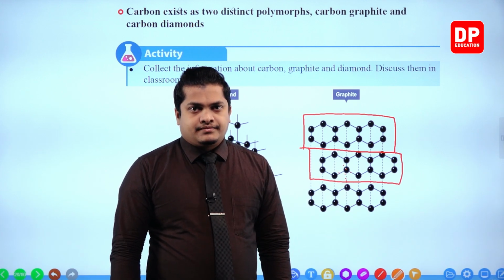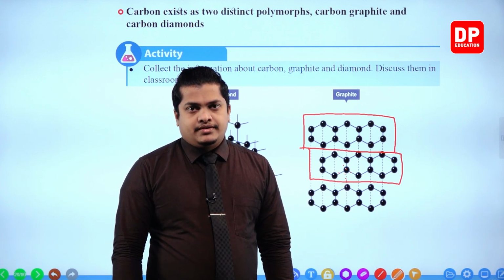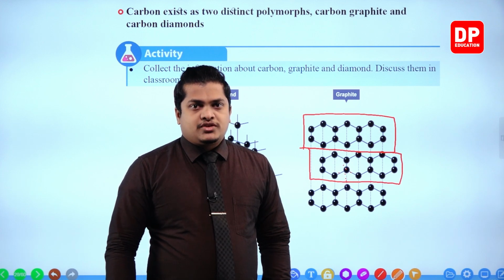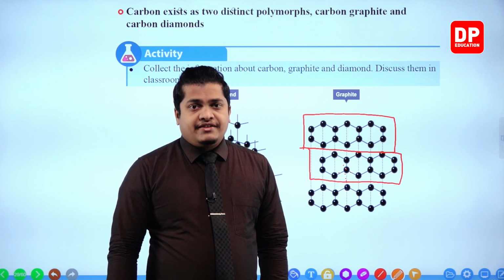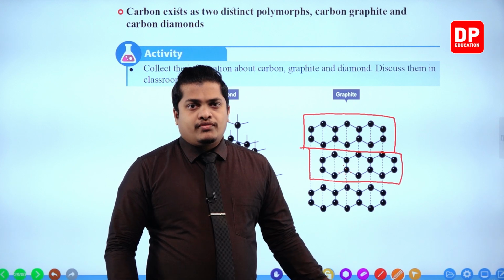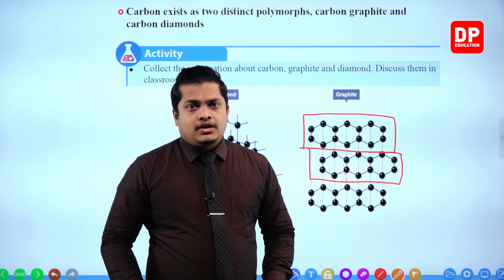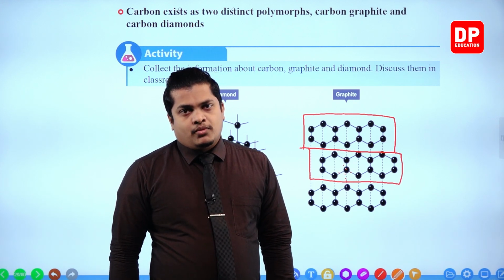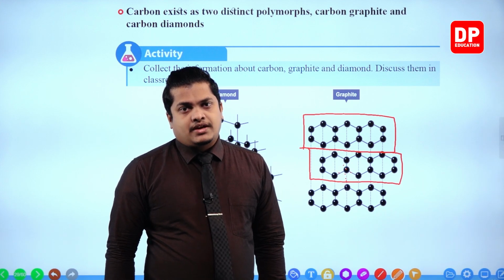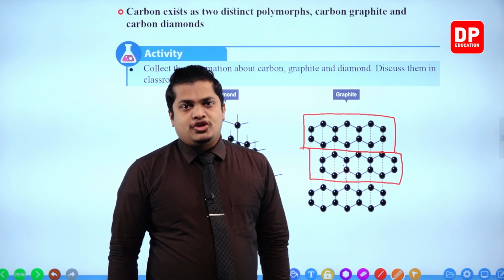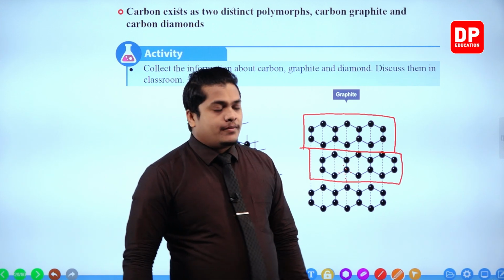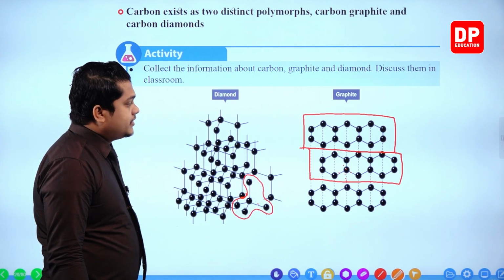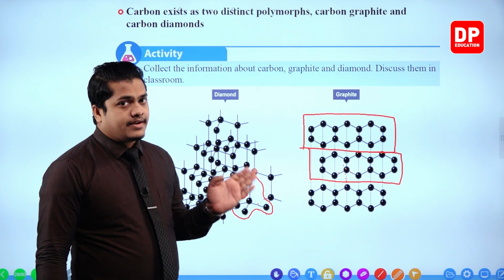Even though graphite and diamond show different properties, both of them are made up of carbon, my dear children. The only thing that changes is the bonding nature, right? So I hope you got the idea about diamond and graphite.